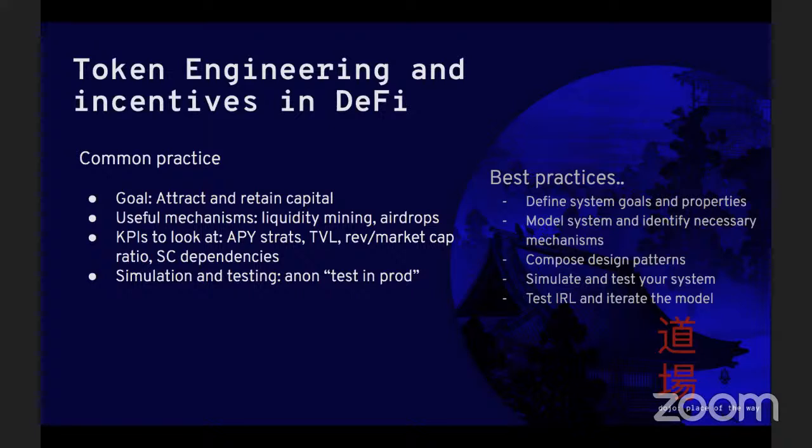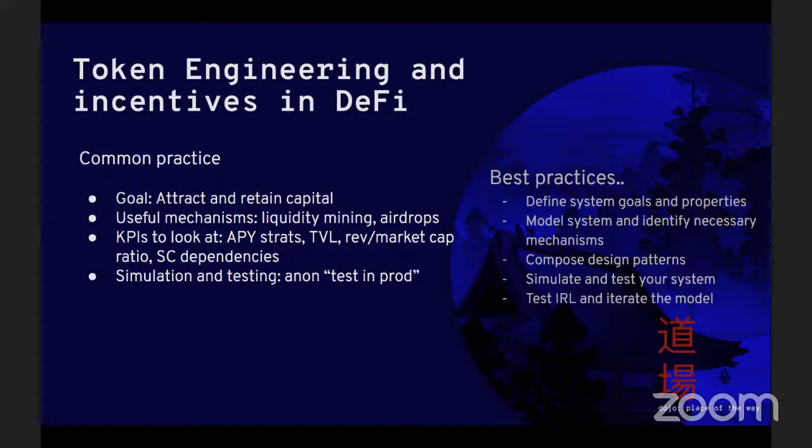In decentralized systems, and particularly for DeFi, this is one of the most important parameters or KPIs that you can use to evaluate how efficient a network is, by looking at how much ETH or dollar value is being locked in the smart contracts of the protocol. And then you can also use all types of other metrics like revenue to market cap ratio. You can also look at smart contract dependencies and so on.